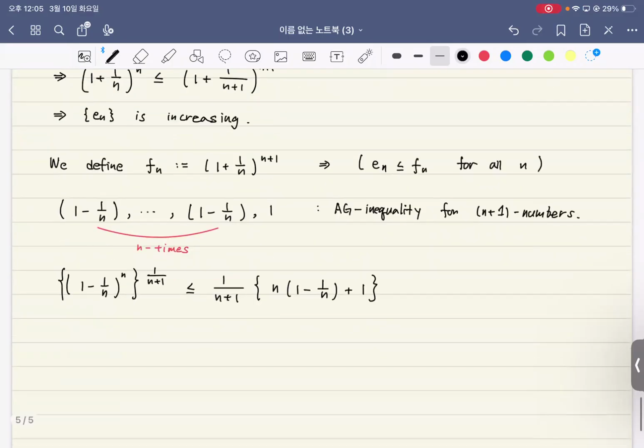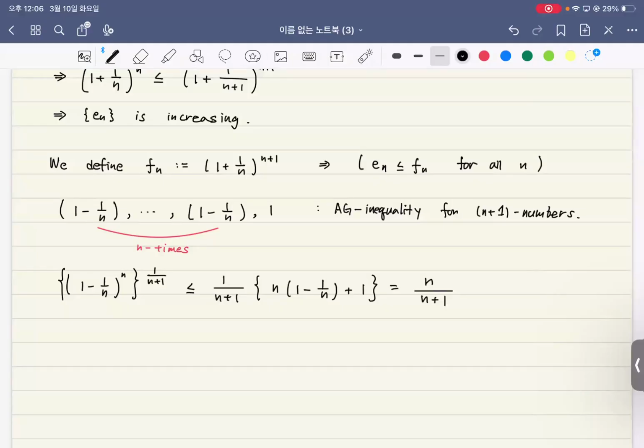So this is the arithmetic and geometric inequality. Combining this, this is n over n plus 1.